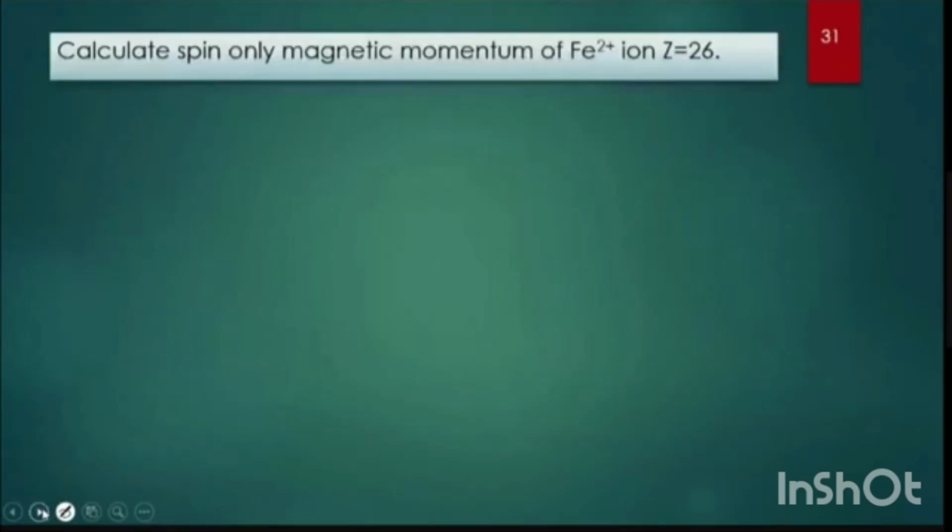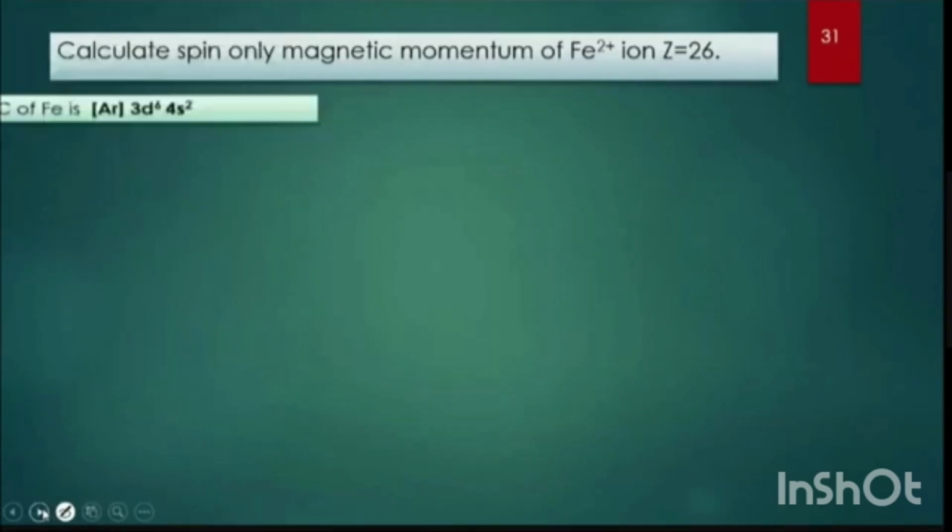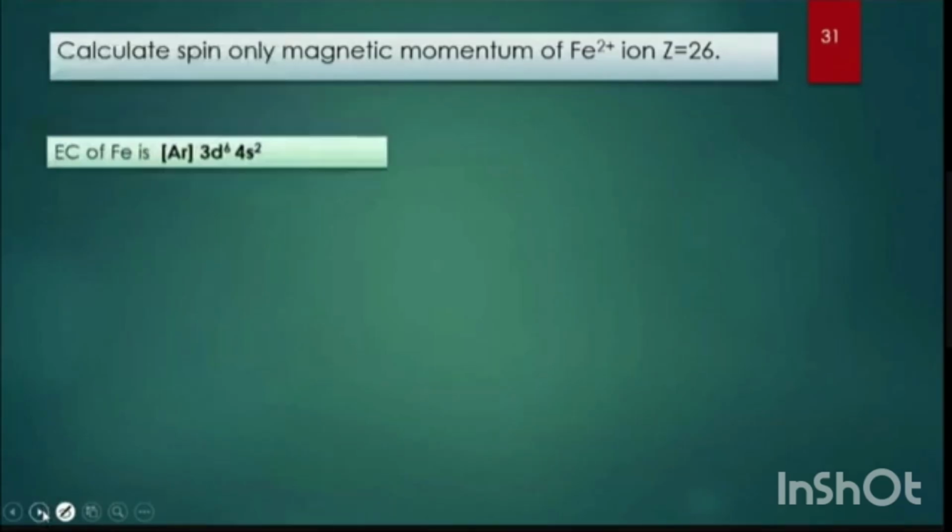Let's take up one more problem. Calculate the spin only magnetic moment of Fe2 plus ion whose atomic number is 26. First we have to write the ground state electronic configuration of iron, whose atomic number is 26. Its electronic configuration can be written as argon core 3d6 4s2.